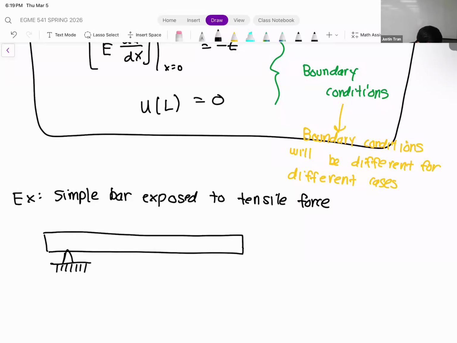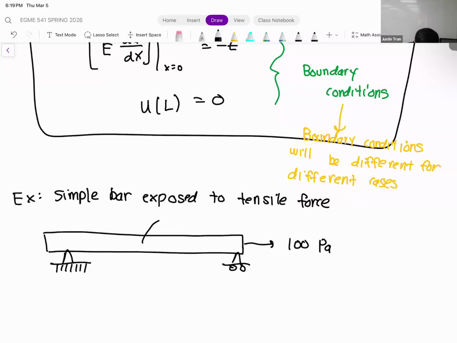On the left-hand side, let's say we have our pin support, so that's where our fixed support is going to be. On the right-hand side, we have a roller just to make sure that the bar doesn't just fall down. And then on the right-hand side, we are going to be applying a tensile force of 100 pascals. I guess technically it's a tensile stress.